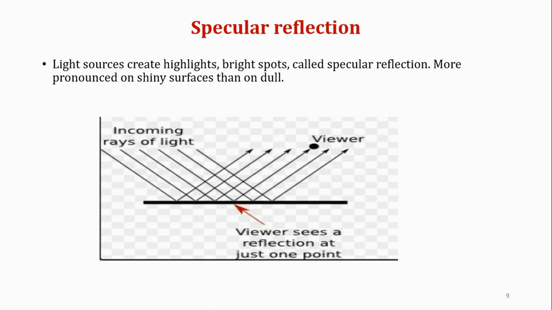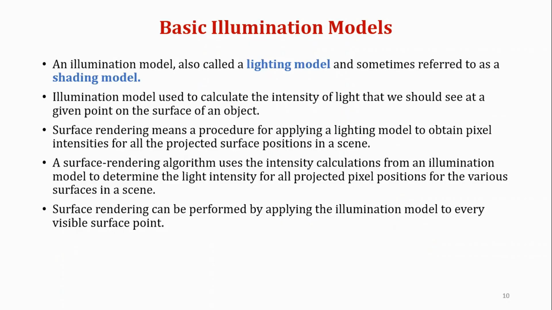Polished surfaces, some metal objects, sometimes even water surfaces, are where you can get a bright spot on shiny surfaces, called a highlight. Specular reflection is responsible for making objects appear glossy or shiny. Next we'll see components and reflection.